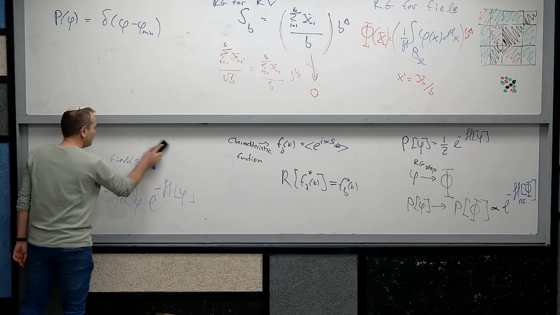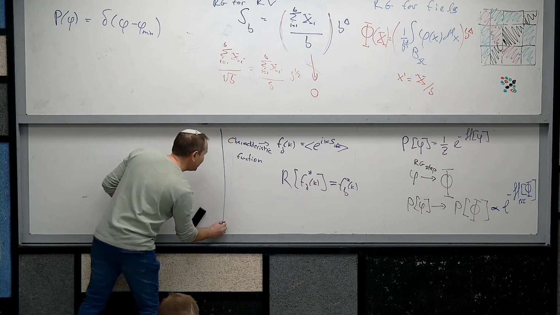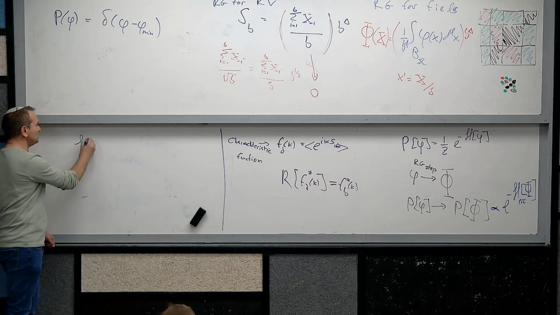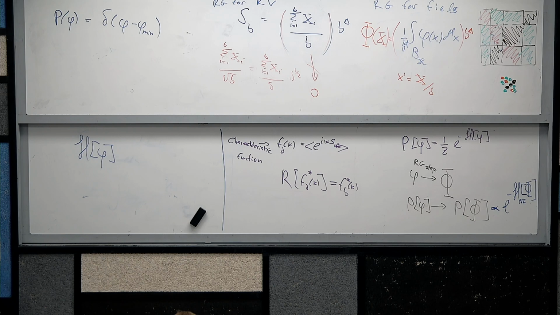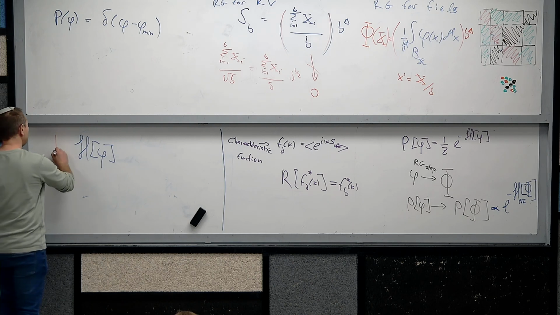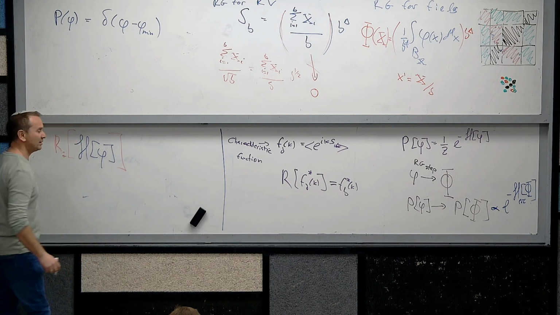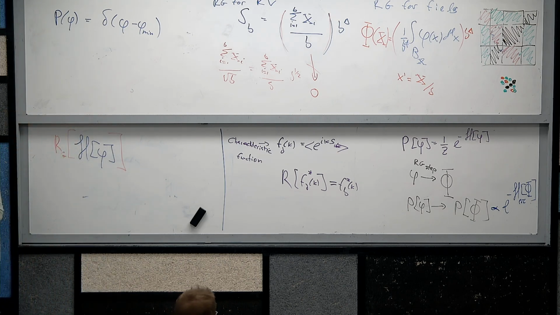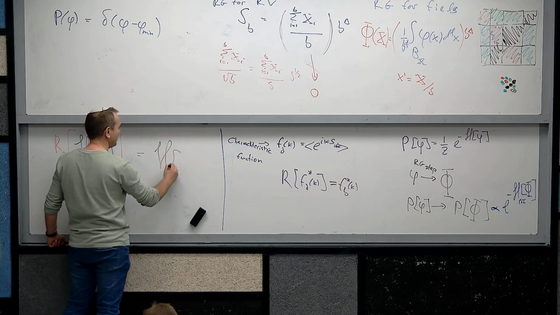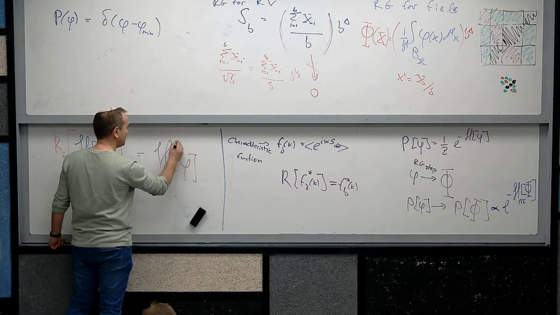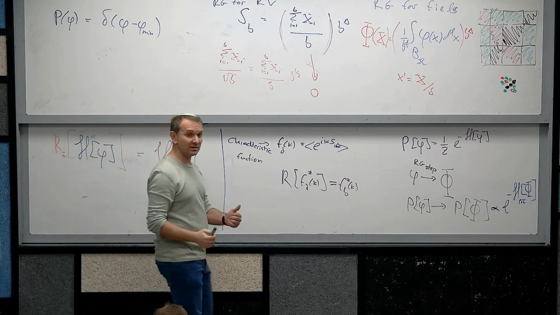In Ginzburg-Landau field theory, the idea is you had a Hamiltonian of phi. You apply an RG step. The fixed point arrives when you get exactly the same Hamiltonian. It's called H star. Okay? This is an RG step.